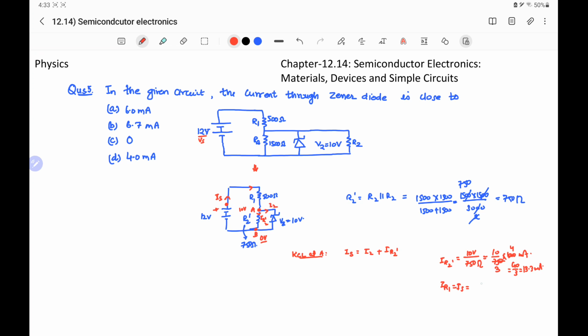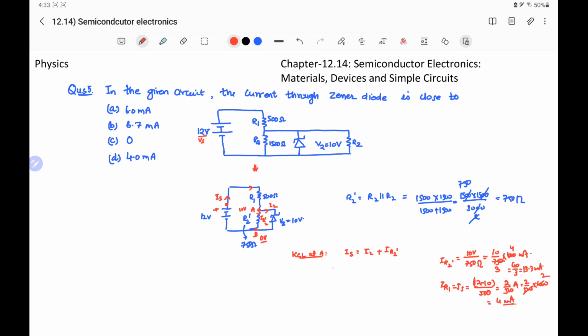So voltage difference across the resistor R1 will be equal to 12 minus 10, and resistor is having the value 500. So it will be 2 by 500 ampere, or 2 by 500 into 1000 milliampere. So it is 4 milliampere.